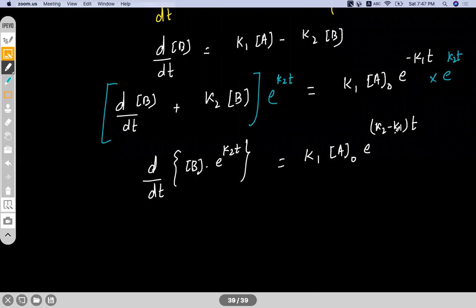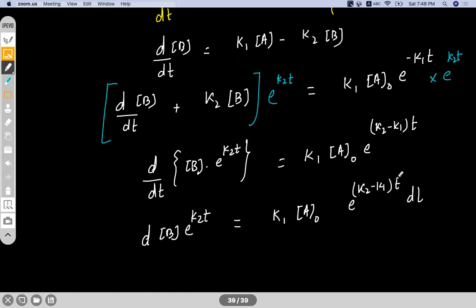Now you just take dt to that side and differentiate and integrate it. So what we can write next? d concentration of B e to the power K2T is equal to K1 A naught e to the power K2 minus K1 into T dt, and then we'll integrate it.